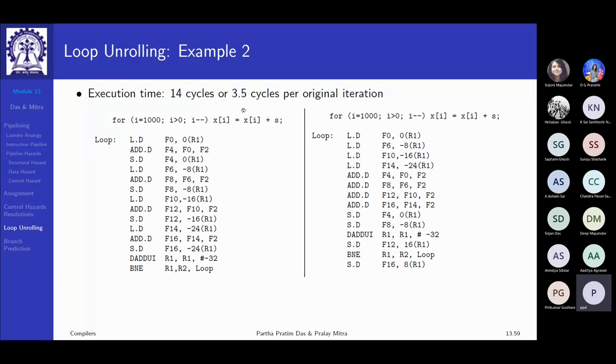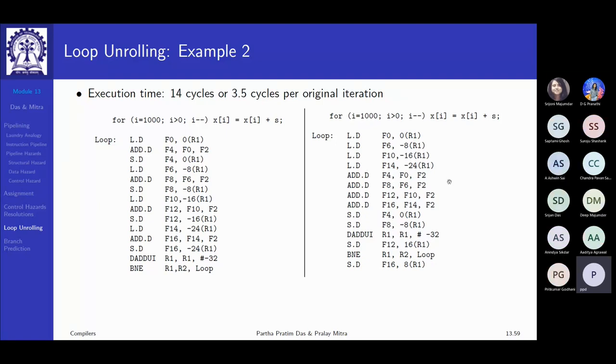by unrolling, by first making sure that the loop is parallel. In this given example, I did not have to do that because it did not have any dependency at all. But if it had loop carried dependency, then I'll first make it parallel and then go through this kind of a process to get the overhead of loop management minimized to a great extent and reach almost the optimal value of 3 cycles of the original iteration.